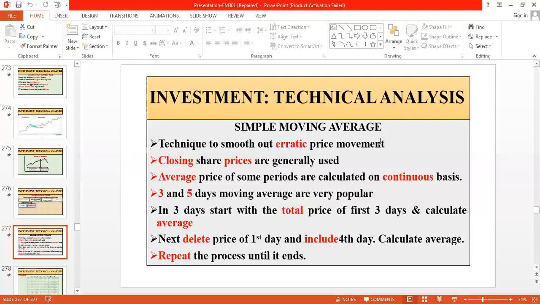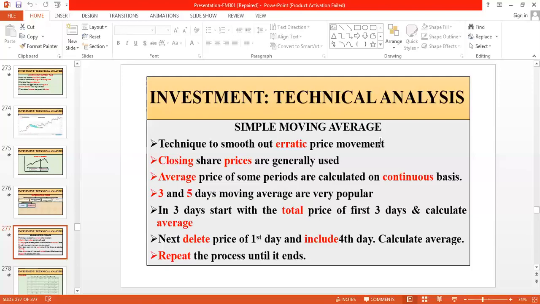In 3 days, what you will do is start with the total price of the first 3 days. So you just consider the price of day one, day two, and day three, take the total, and then divide it by three. Then on the fourth day, you remove the price of the first day.